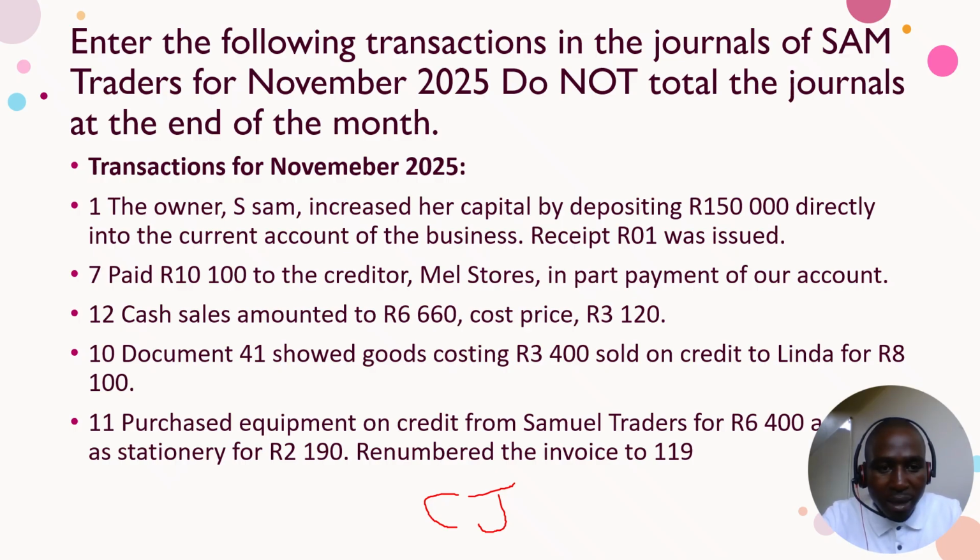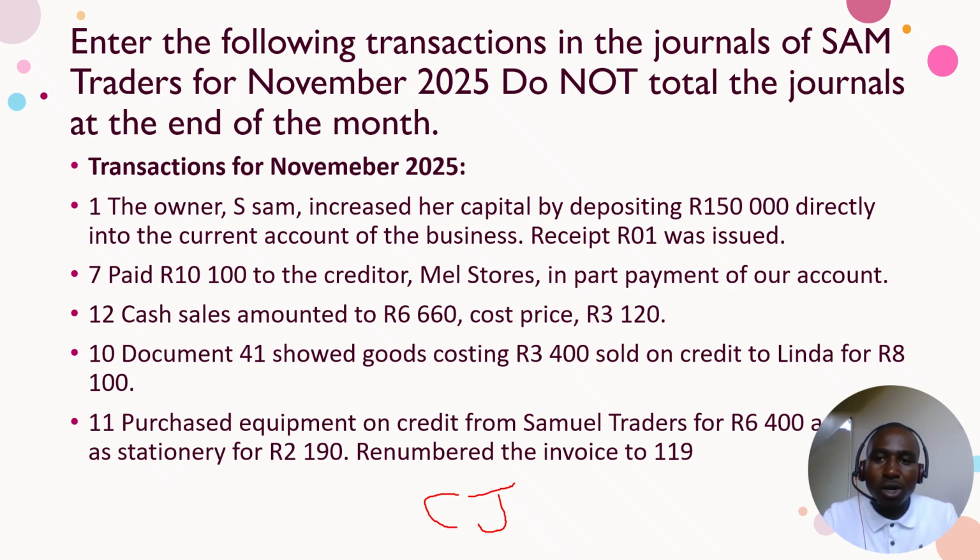Account number 1 is equipment, what we are purchasing. Account number 2 is stationery. Account number 3 is creditors control, because we are owing. Samuel Traders becomes our creditor.